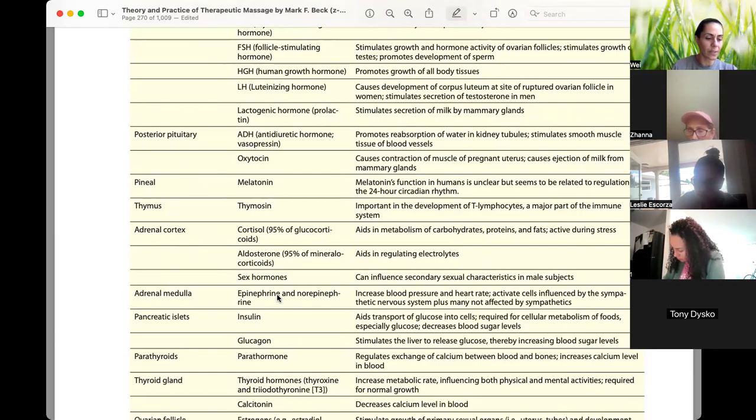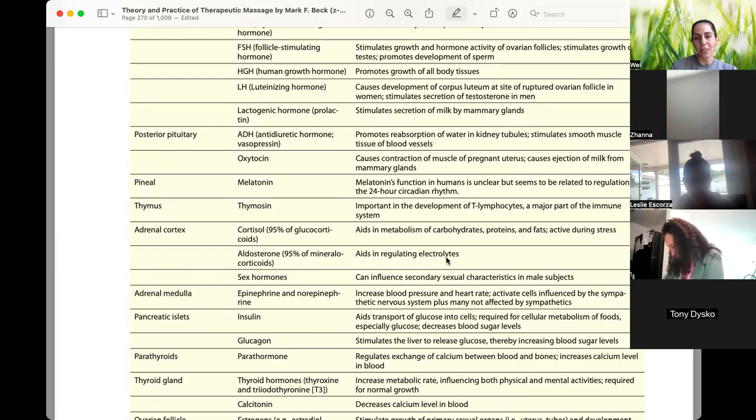So let's do the adrenal cortex first. Write those down. So the electrolytes are going to be your minerals, right?